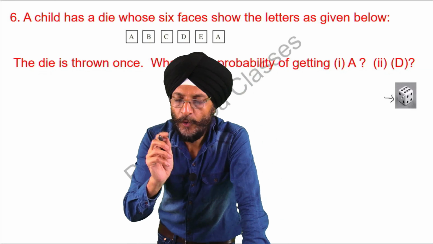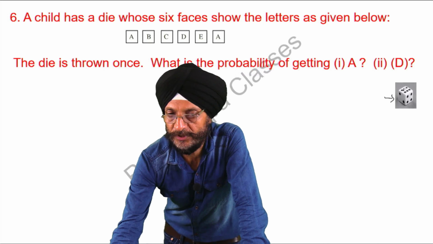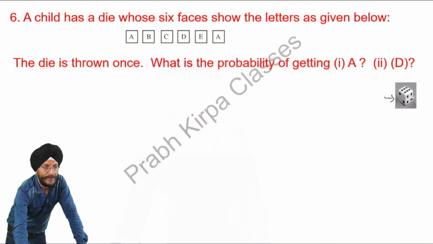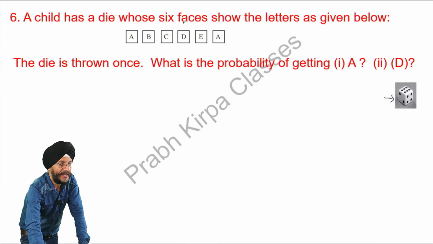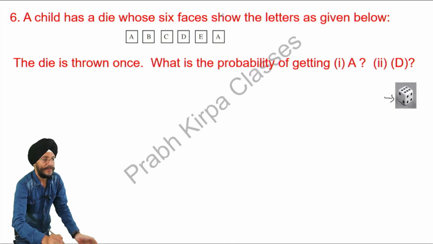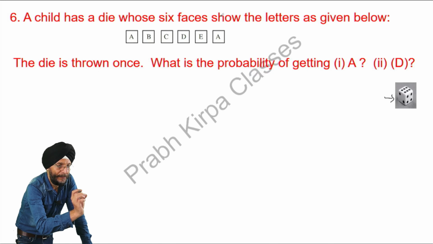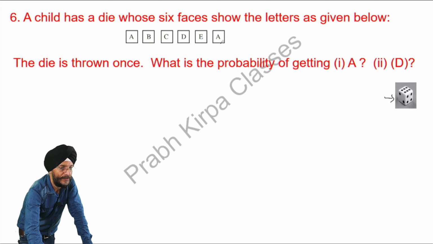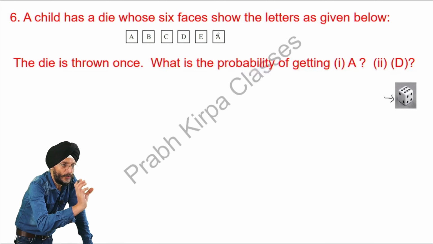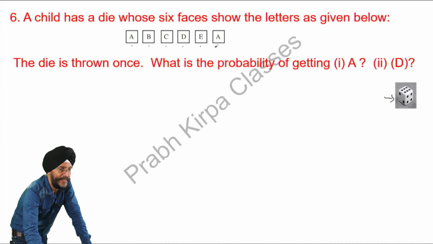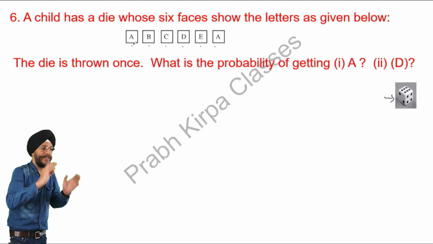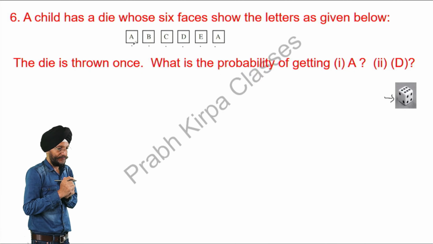Normally the die or dice has dots on it, that is 1 to 6. But here the die has different things appearing on it: letters. Please go through the question carefully. You will observe that the letters written are A, B, C, D, E and A. That is, A is appearing on the die twice.